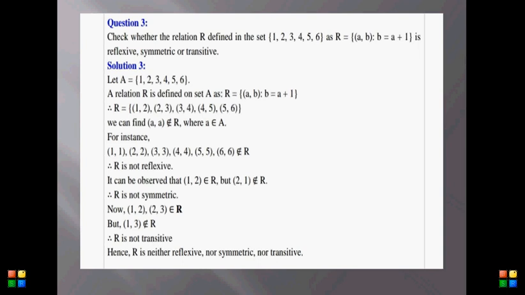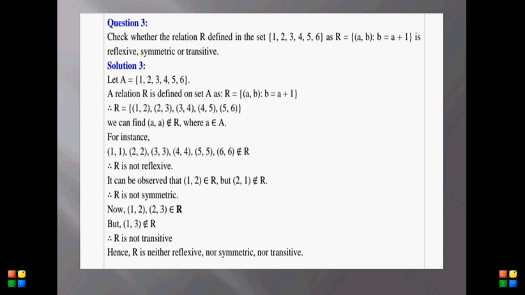If we take a as 1, then b is 1 plus 1, which is 2; if a is 2, then b is 2 plus 1, which is 3, and in this way we get (5, 6), (4, 5), (3, 4), (2, 3), (1, 2). We can find that (a, a) does not belong to R. It means a is the first element and also the second element, which is not possible. (1, 1), (2, 2), (3, 3), (4, 4), (5, 5), (6, 6) do not belong to the given relation, given the definition.